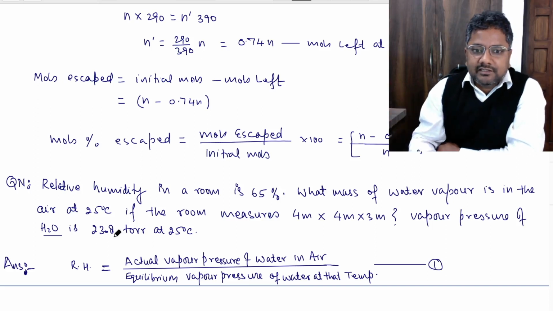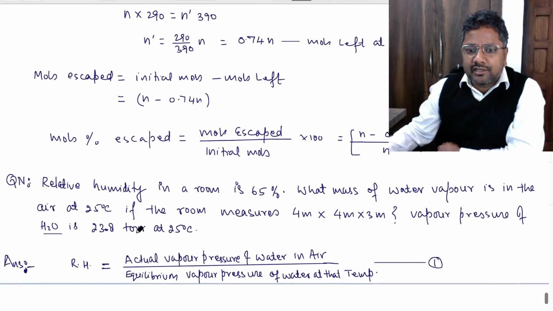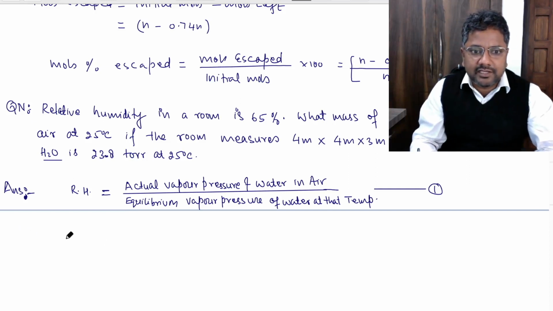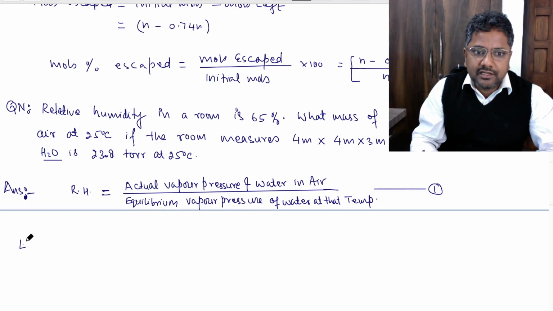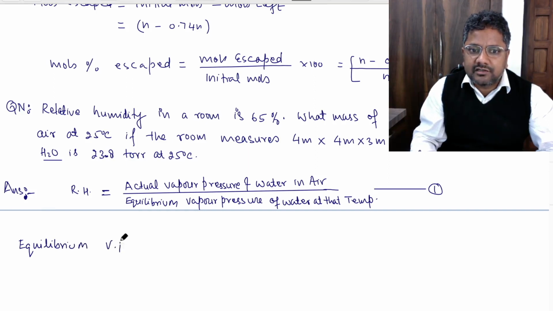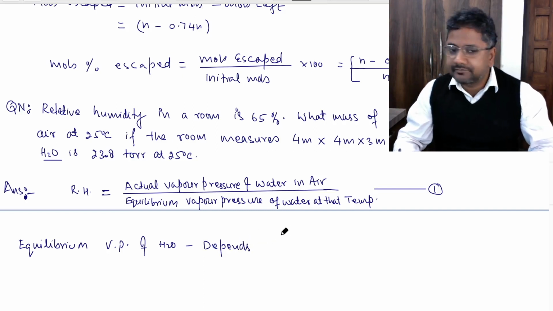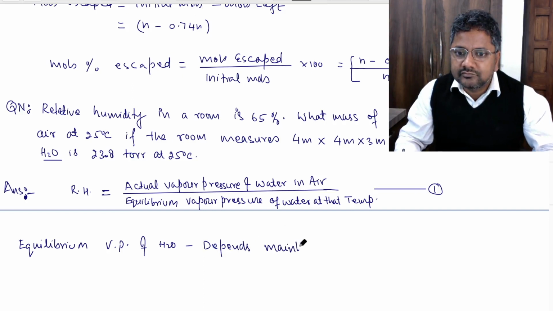That is what is given, and you know one very important point: this vapor pressure, or the more scientific and clear term, the equilibrium vapor pressure of water, depends mainly on temperature.